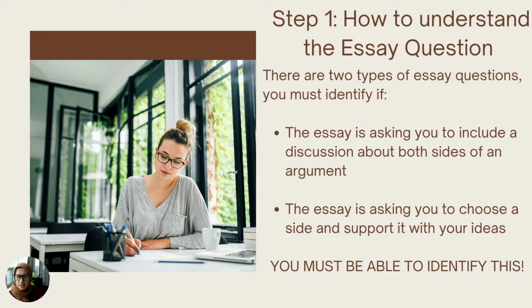The first one is you should identify if the essay is asking you to include a discussion about both sides of an argument, or the essay is asking you to choose a side and support it with your own ideas. I will discuss this a bit further with all the different question types you might get, but you should keep these in mind. These are very important to identify because the format of each essay question is completely different.